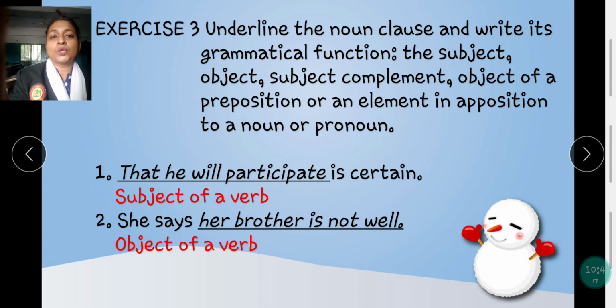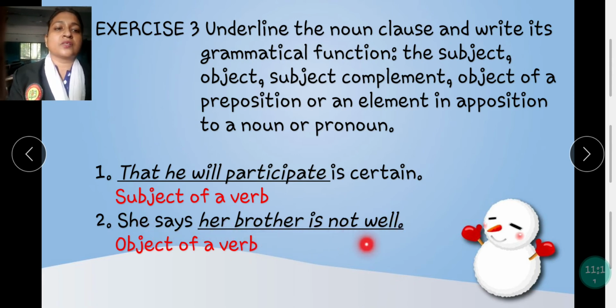In the previous sentences, only one sentence was there in which we were not having any conjunction in the beginning. As I said, there are some rare cases, but mostly you will find a conjunction. So here that he will participate is a subordinate clause and it is acting as the subject of a verb because it is used in the beginning of the sentence. She says her brother is not well.